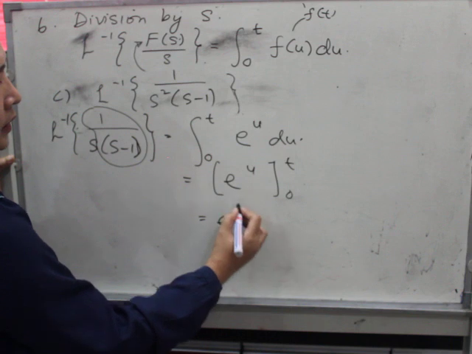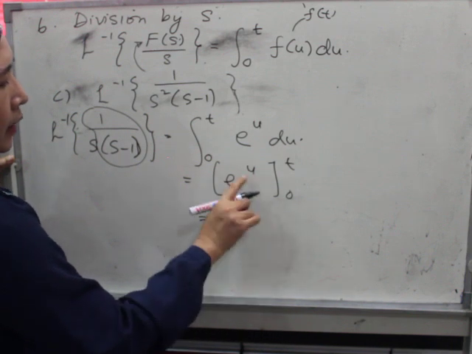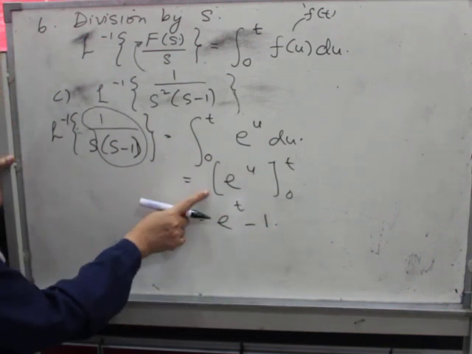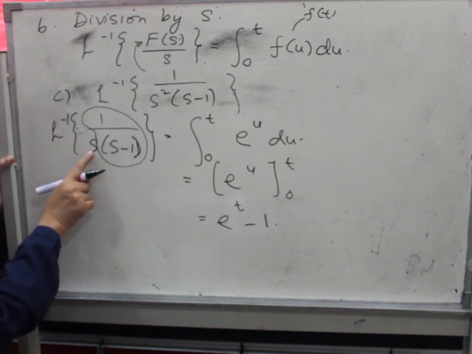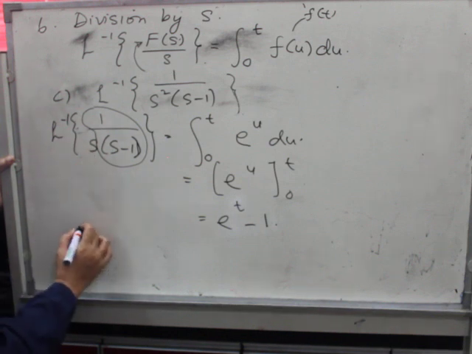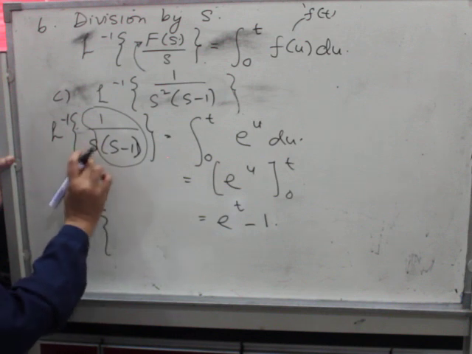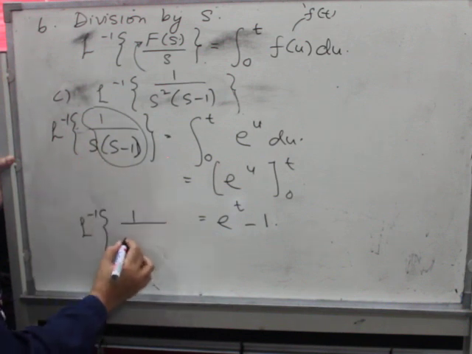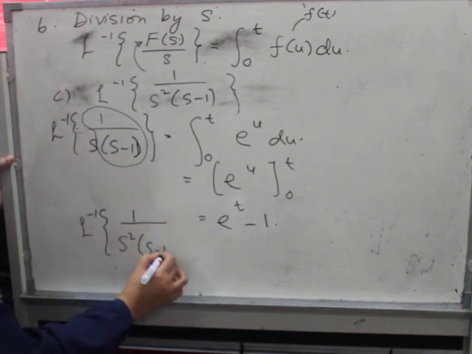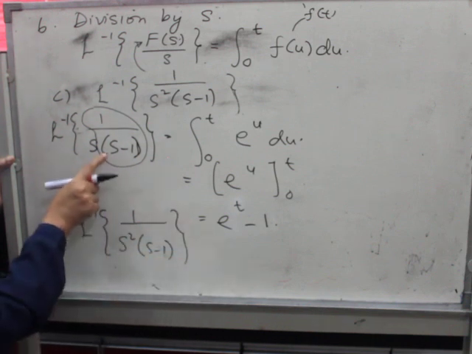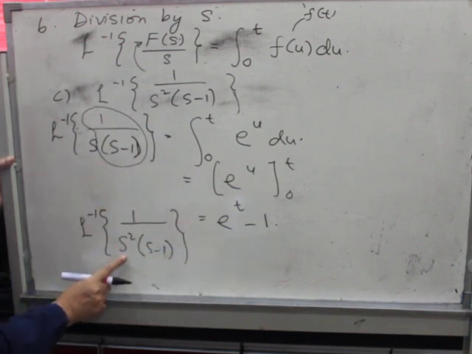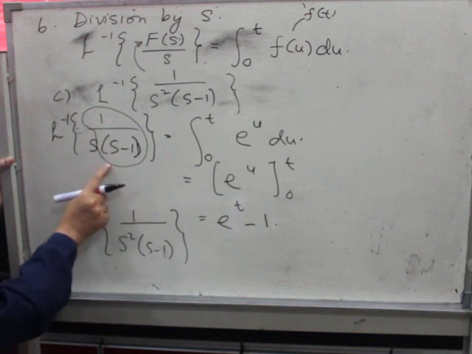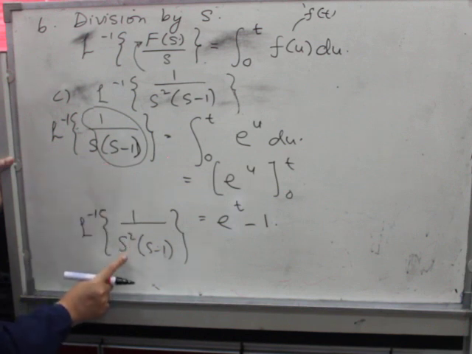So we have e to the t minus 1. Okay, this is only divided by S, so we divide by S again, one more S.